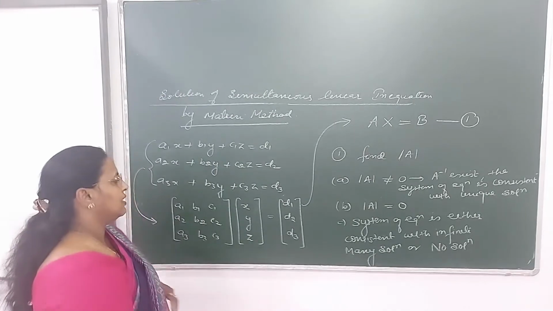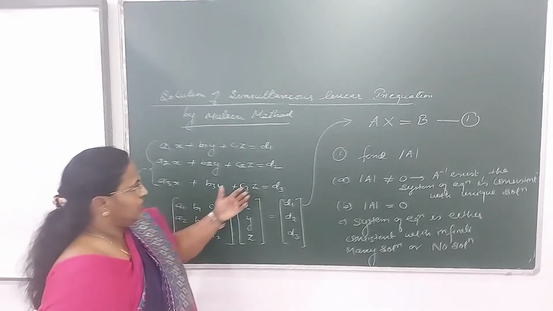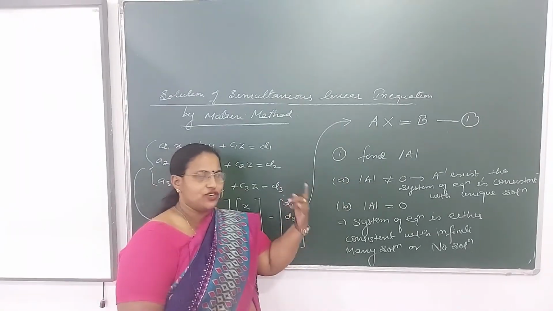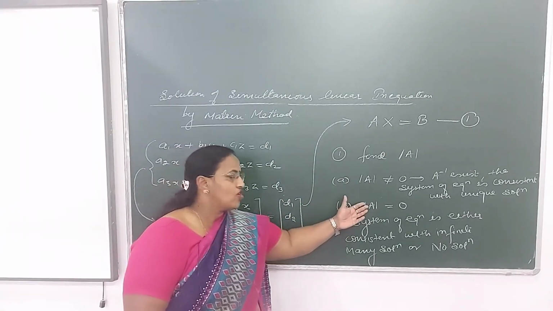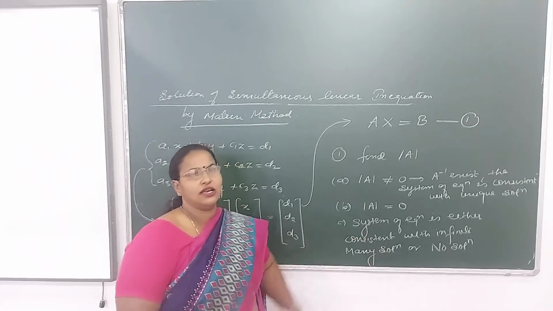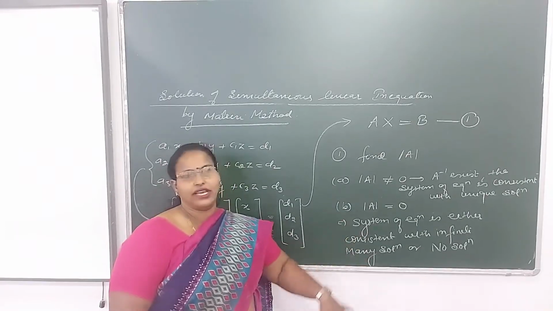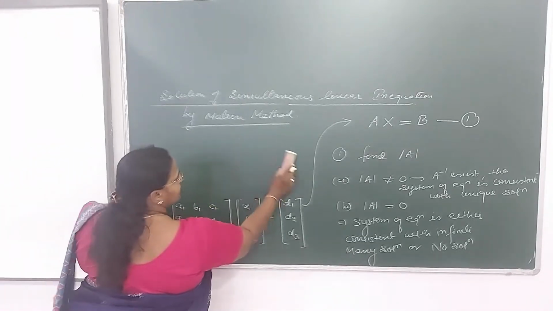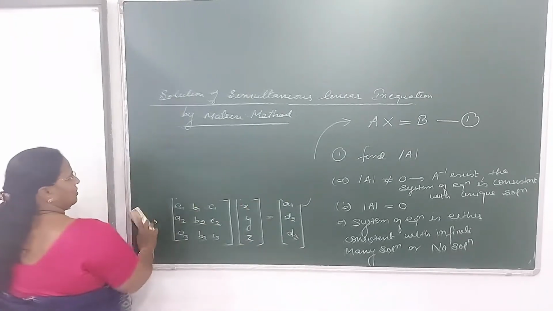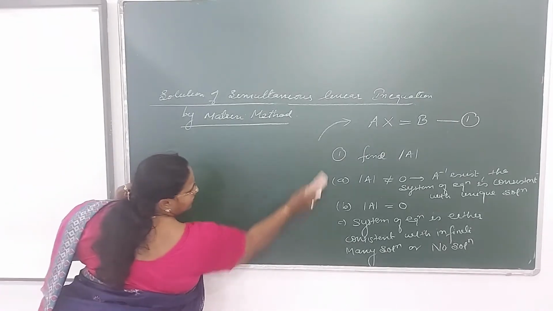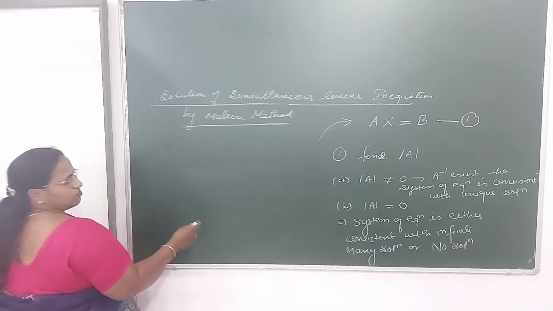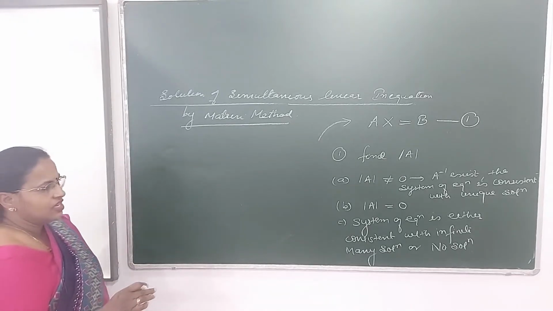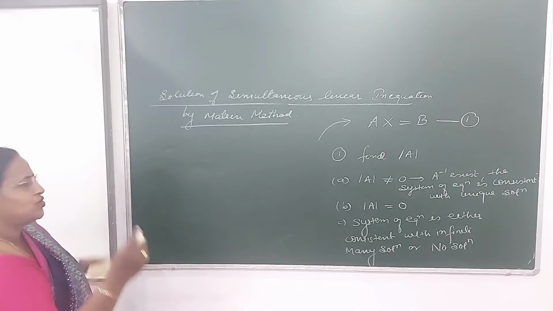Now see, if it is not equal to 0, then definitely you will get one unique solution. But if it is equal to 0, two cases are there. It can be infinite or it can be no solution. So let me tell you the second part and then we'll come to the first part. If determinant of A is equal to 0, then the system of equations is either consistent with infinitely many solutions or it's no solution.